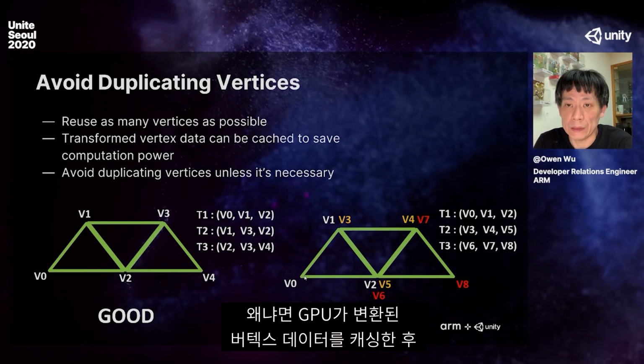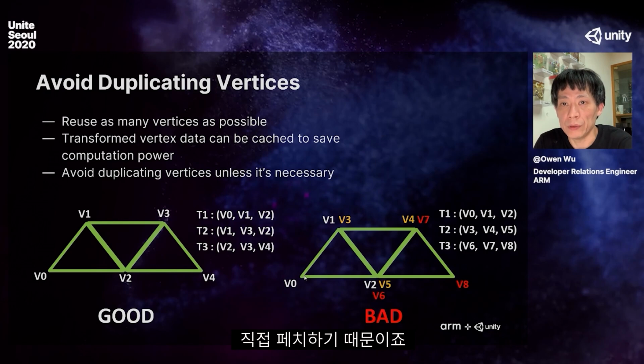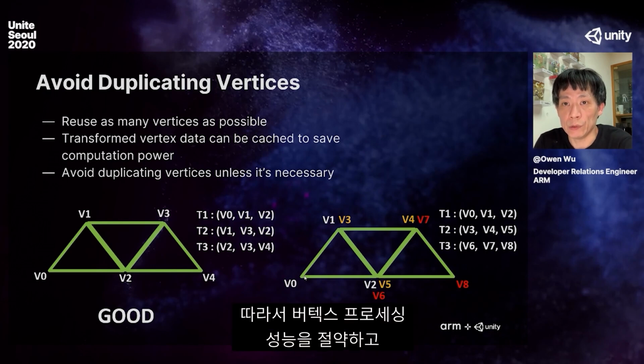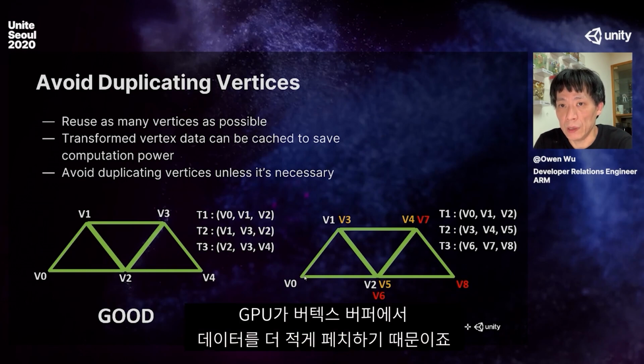That's because the GPU will cache the transformed vertex data, then fetch it directly when following triangles reuse it. So it can save vertex processing power and also save memory bandwidth because the GPU fetches less data from the vertex buffer.